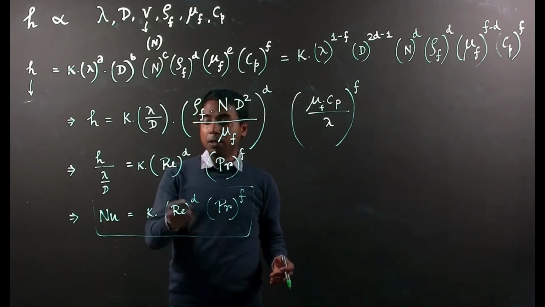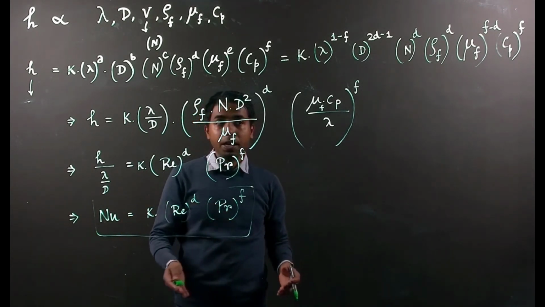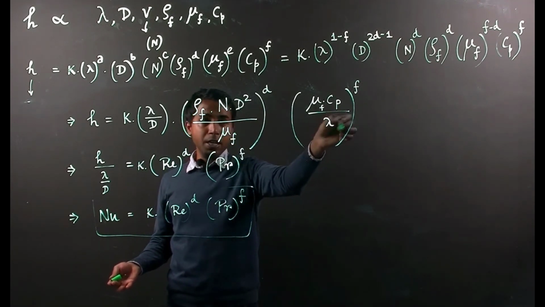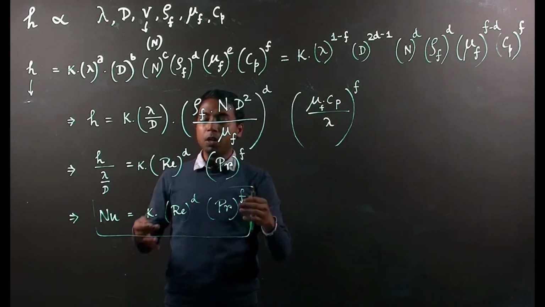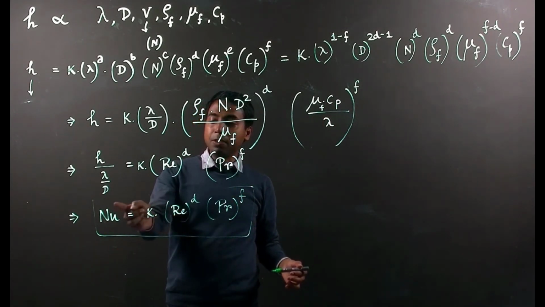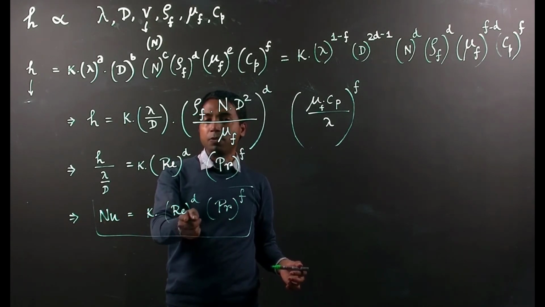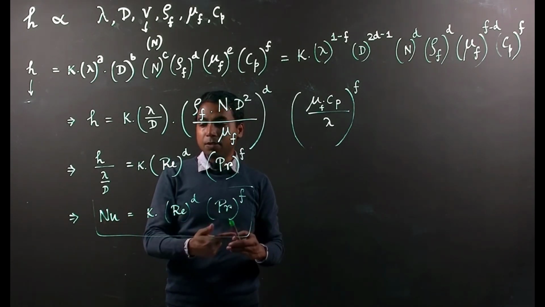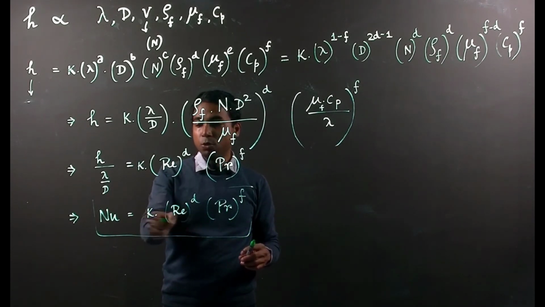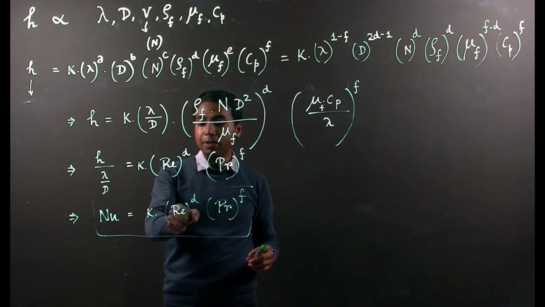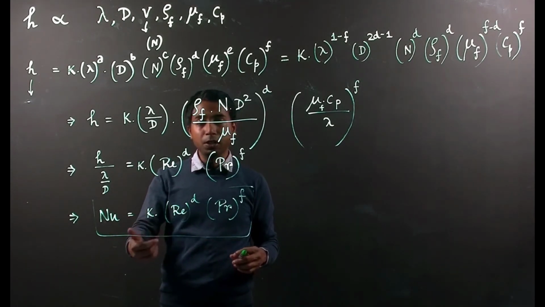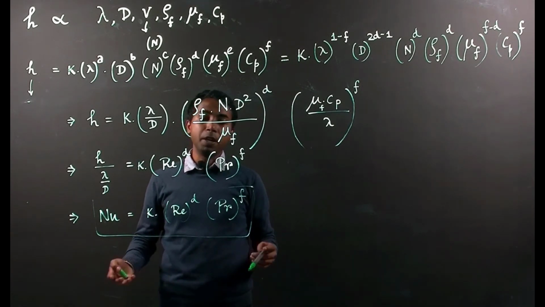The fact that Nusselt number is dependent on Prandtl number is no surprise, because of course you need a heat transfer element in your equation. But at the same time, we find out that Nusselt number is also dependent on Reynolds number. So that is the essence of convective heat transfer, where you need a flow element to come into your equation. And that flow element comes from the Reynolds number, of course, which is the ratio of inertial forces divided by the viscous forces.